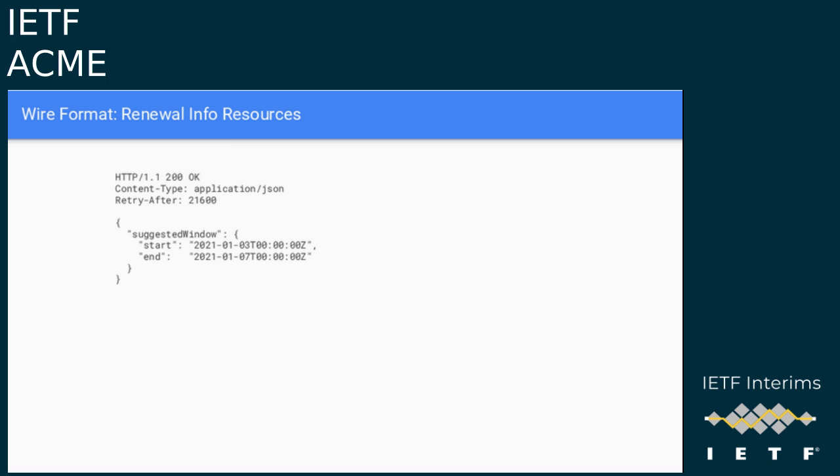And that renewal info URL will serve a resource that looks like this, with a suggested renewal window with a start time and an end time. And the draft says that the client should uniformly randomly pick a time between the start and end timestamps, and choose that time to renew.